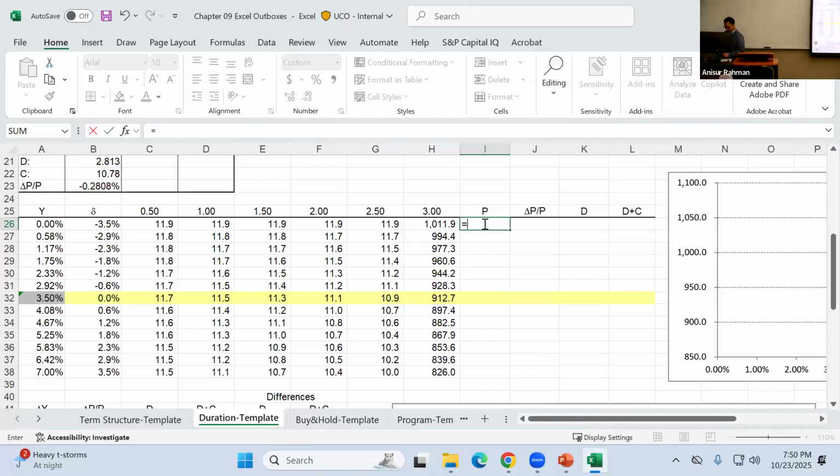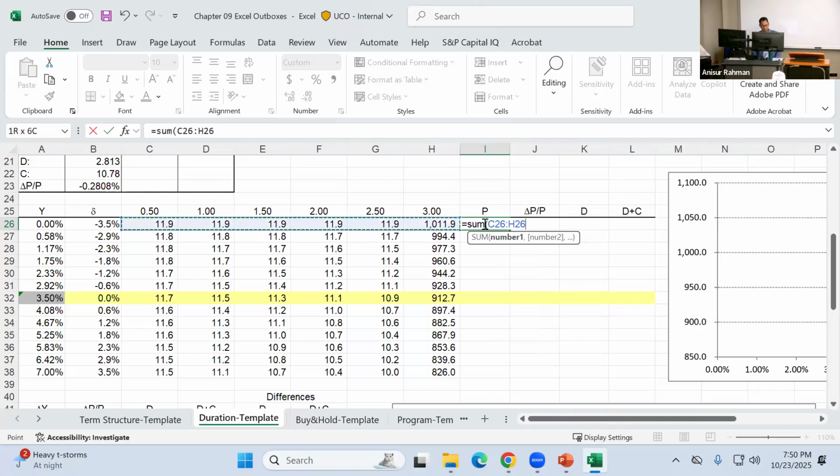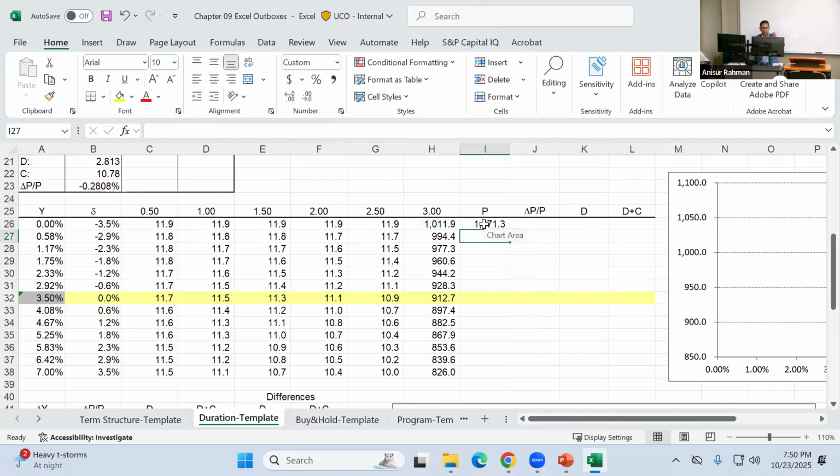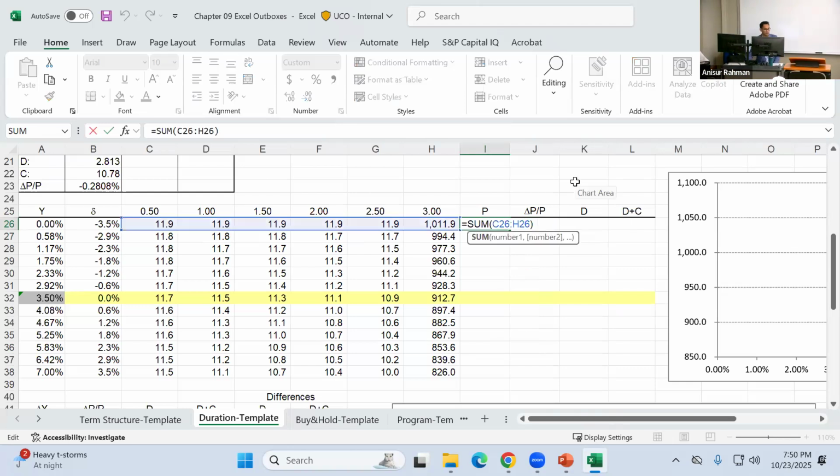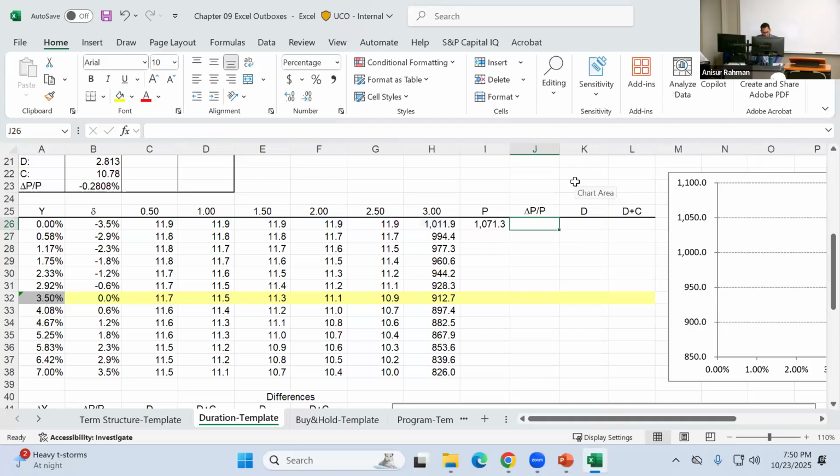So price is just the sum, right? Okay. And then the formula, one more time. This one? Yeah. Page 26. Okay, and then delta P over P is the percentage change, right?